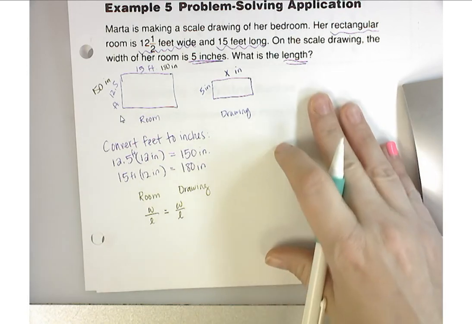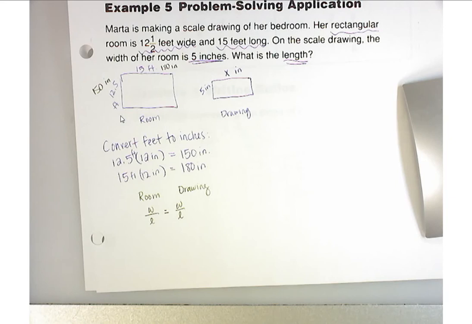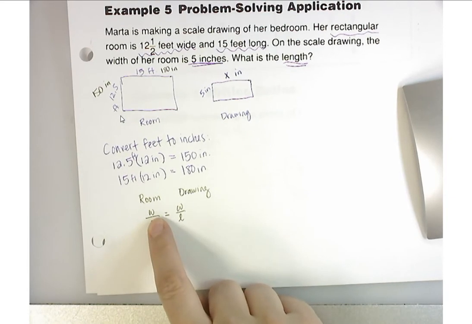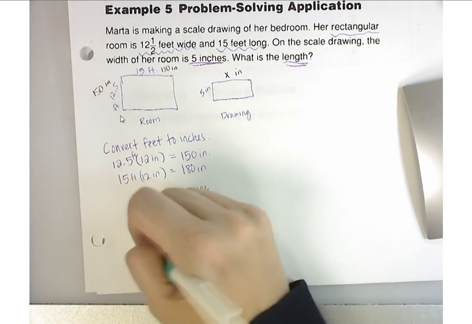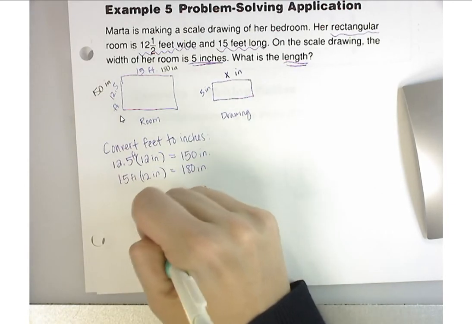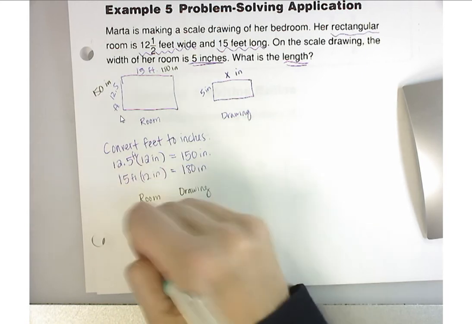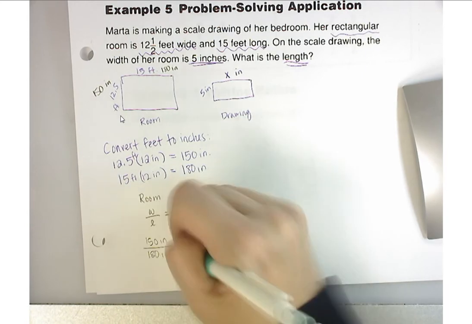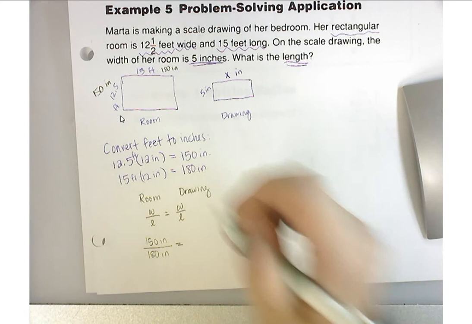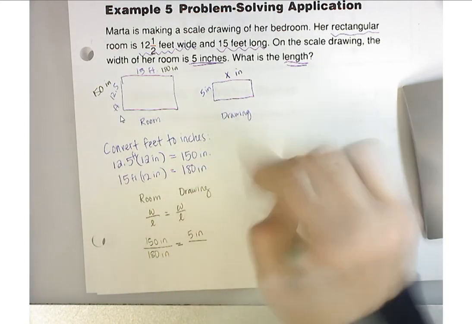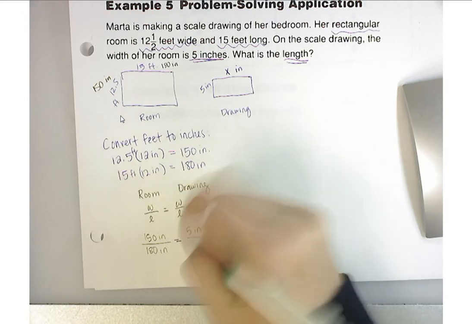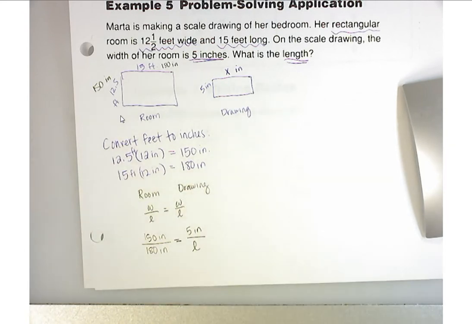That would be fine. So now I'm going to plug in what I know. The width of the room is 150 inches over the length, which is 180 inches. And then the width of the room in the drawing is 5 inches. And then here's my length.